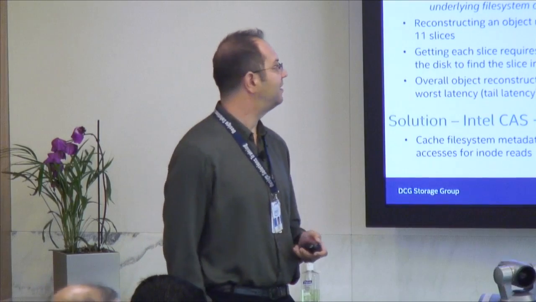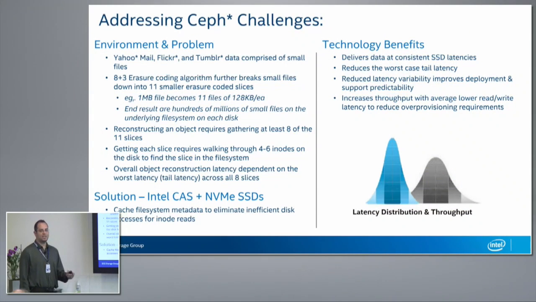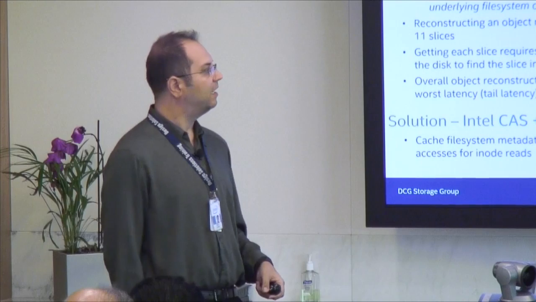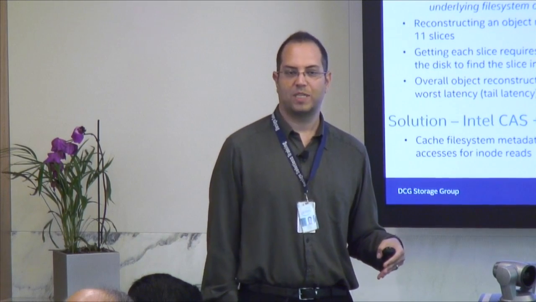Yeah. That's right. Okay, so the solution to this problem is Intel CAS plus NVMe SSDs. Intel NVMe SSDs deliver consistent performance, consistent latencies. So the idea is to cache the file system metadata to eliminate the inefficient disk accesses for the inode reads. We still read the file data from the disk as it's a sequential, pretty fast read. We really reduce the chance of having poor tail latency.